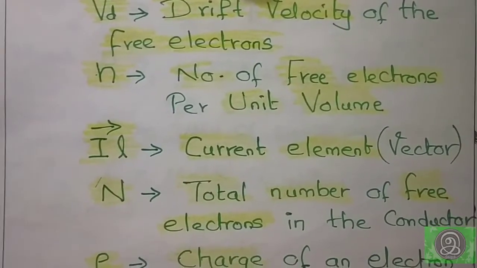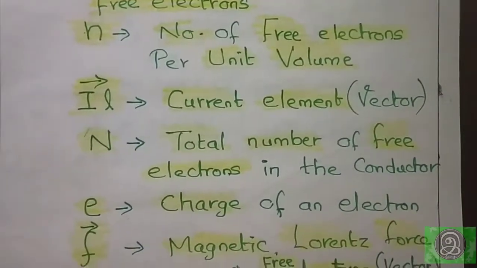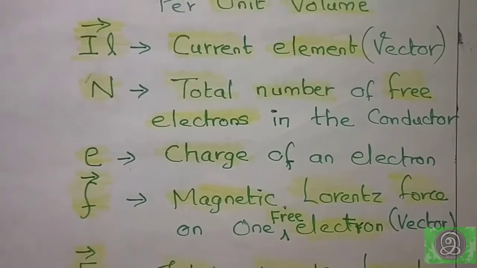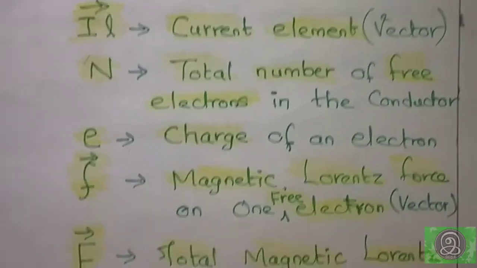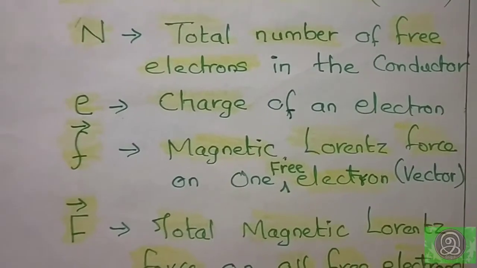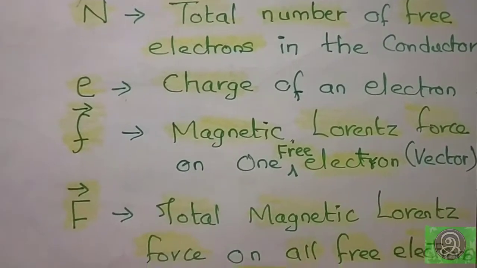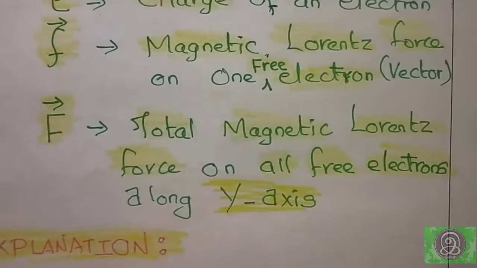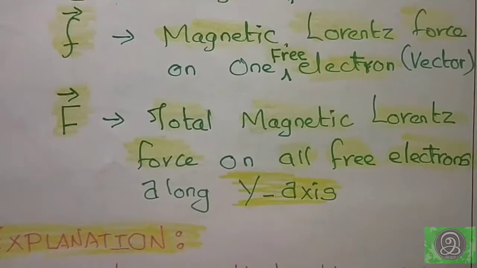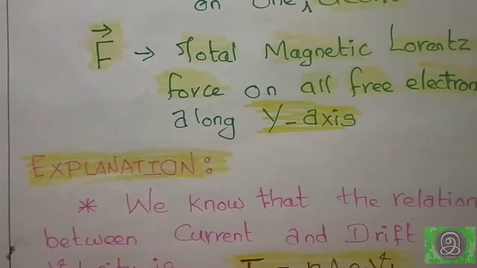I into l vector is called the current element vector or current element. Capital N be the total number of free electrons inside the conductor. Small e be the charge of one electron. Small f vector be the magnetic Lorentz force experienced by one free electron. Capital F vector is the total magnetic Lorentz force on all the free electrons, which is acting along y-axis. Okay, now we will proceed to the explanation part.